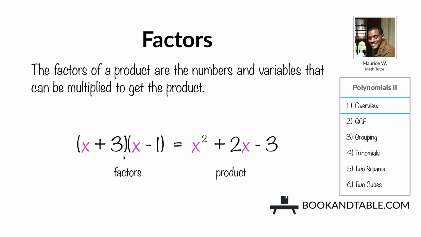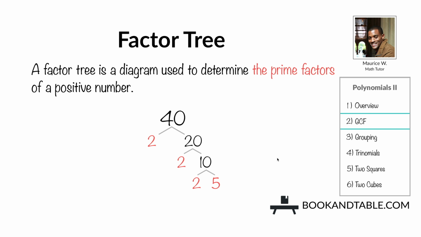So again, we would multiply these two terms, making those our factors, and we get this expression as a result, making it our product. So there will be several different types of products that we will run into throughout the remainder of this chapter, and we'll discuss how we go about finding the factors for said product or expression more specifically.